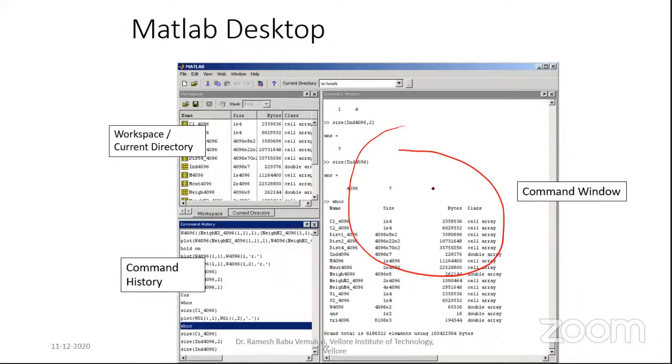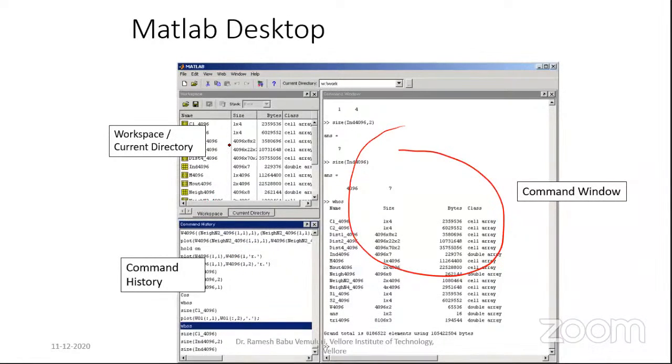Here we can see the display, and then there is the workspace, which shows the variables you are using. And this is the current command history, so the commands you already used will be displayed here.